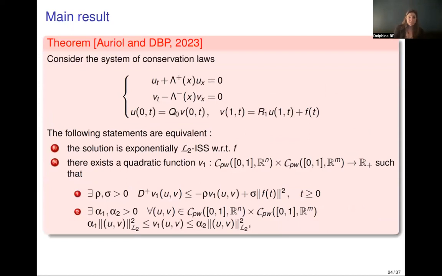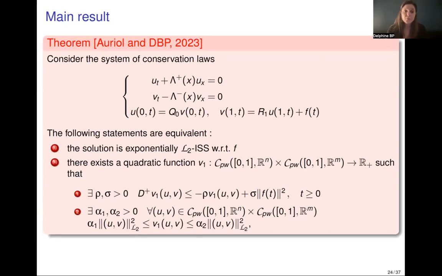Okay, and interestingly, we also have a similar result now, but for systems of conservation laws. So if we go back to the PDEs, if we look at a PDE which has no source term, then we have equivalence between exponential L2 ISS of this system of conservation laws and the existence of a quadratic functional which satisfies the exact same properties.